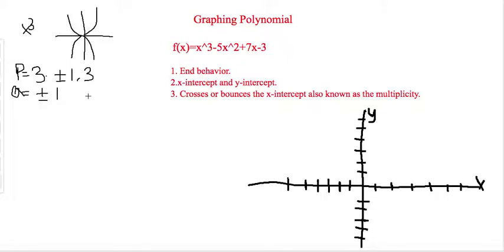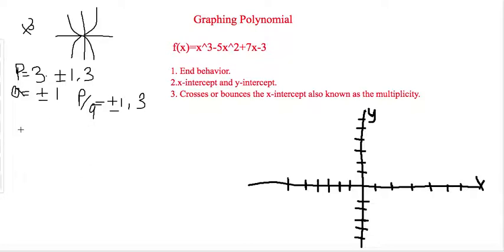The rational root theorem states it's p over q, so that's 1 over 1 and 3 over 1, which is just plus or minus 1 and 3. So these are our possible roots.